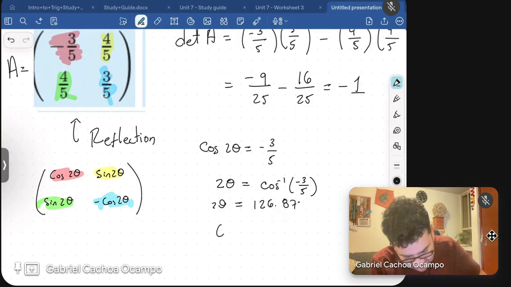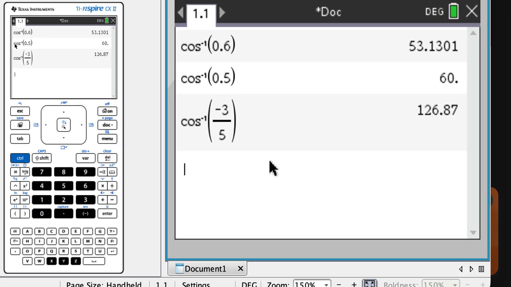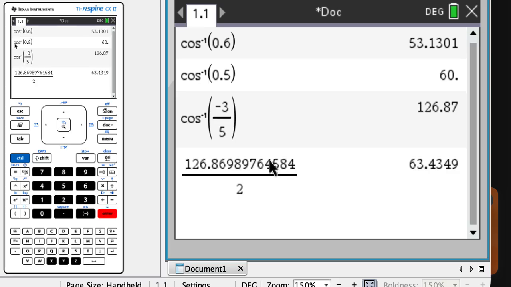That means that theta equals to 126.87 over 2, which is 63.4349. So this is my angle.